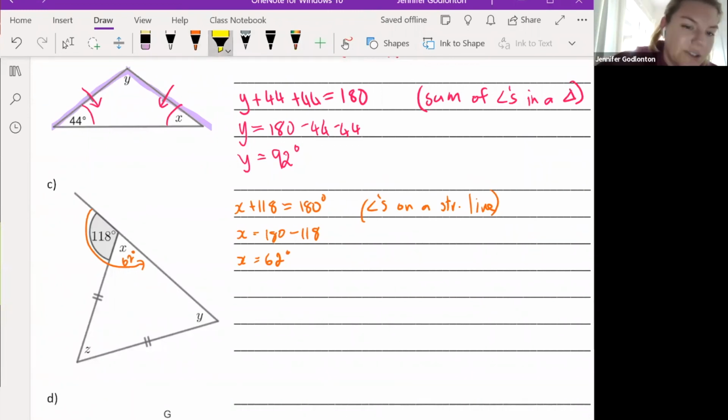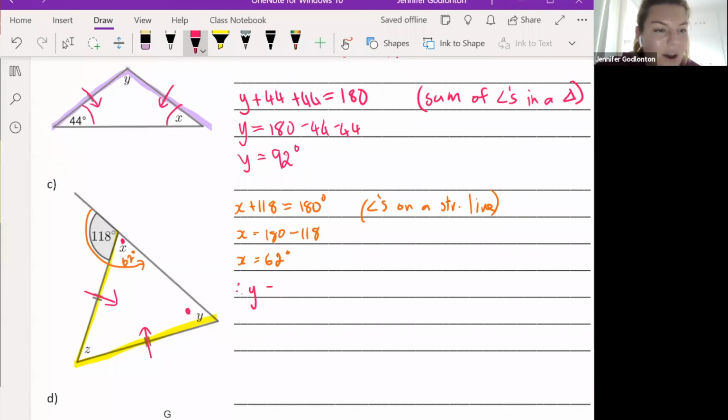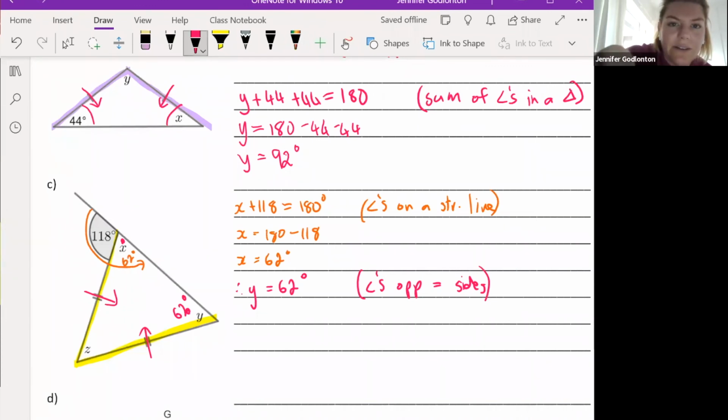Then we're going to look at our isosceles triangle. Always remember, geometry is just algebra with a fancy coat on. Those two sides are equal to each other, which means this angle is equal to that angle, which means I can now say y is equal to 62 degrees because of angles opposite equal sides. So now I know that that's 62 degrees. And then to find z, you could use exterior angles of a triangle, or you could use sum of angles in a triangle.